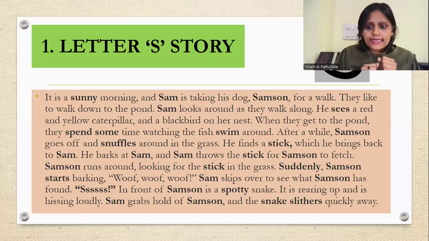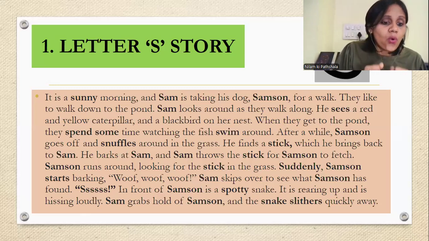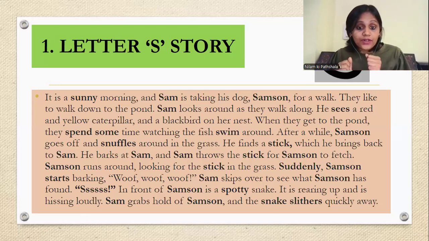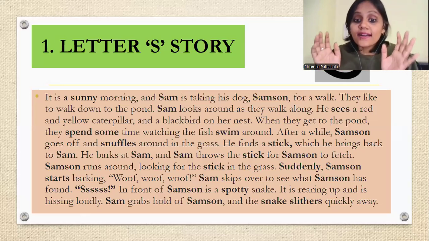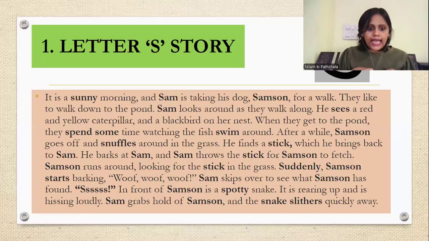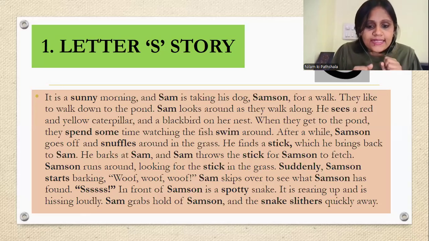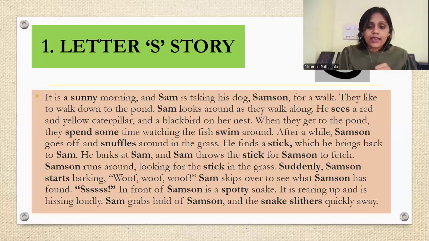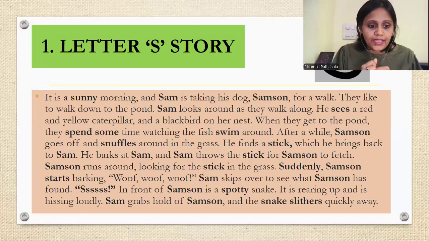After a while, Samson goes off and snuffles around in the grass. He finds a stick, which he brings back to Sam. He barks at Sam. Sam throws the stick for Samson to fetch.